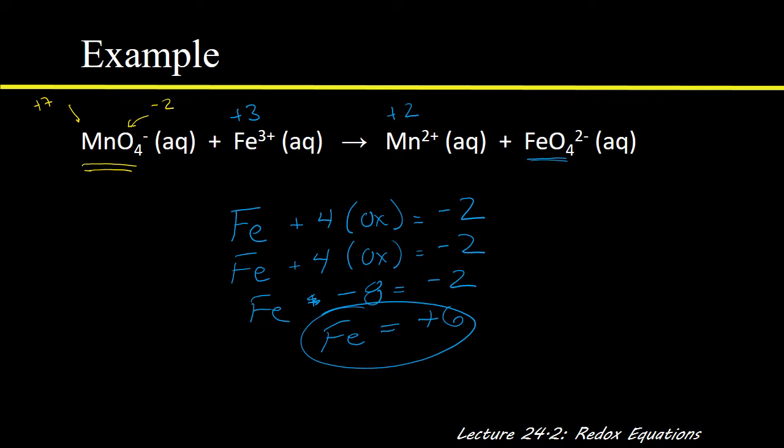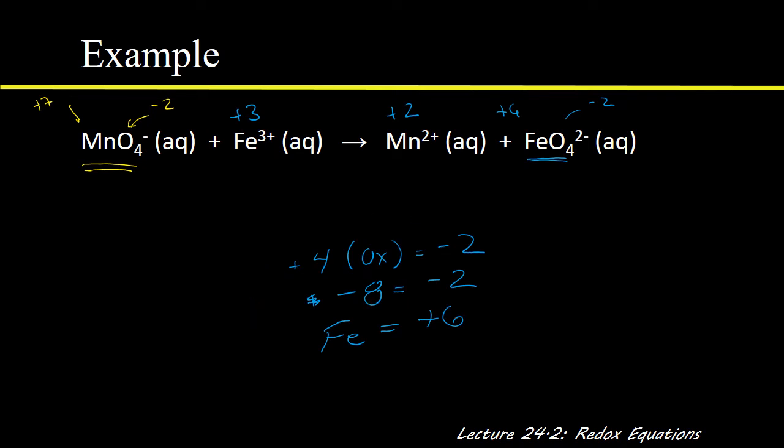All right, so iron is +6. And the oxygen here, of course, is -2. Now that we've got our oxidation numbers, we want to check and see what's being oxidized and what's being reduced. And this actually is a good early point to do a check and make sure that you haven't made a mistake.